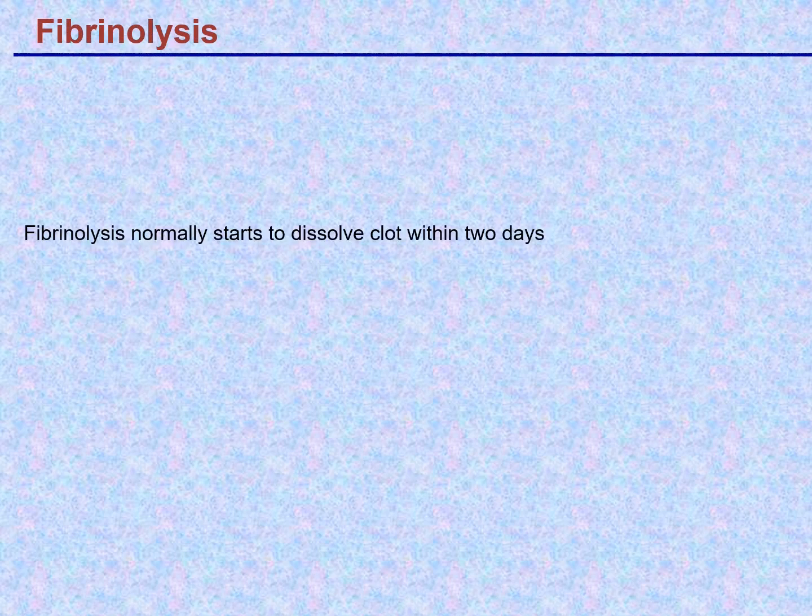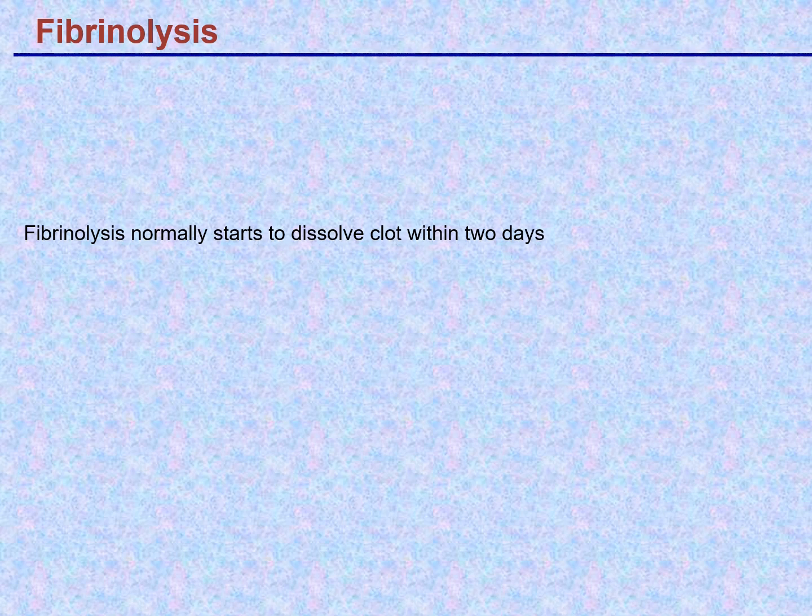Now, part of that process also involves the dissolving of the clot. The clot doesn't hang around. It will get dissolved. And we're not talking scab, we're talking blood clot inside the tissues, right? We're not talking about a dried scab on the surface of your epithelium, your skin. We're talking about inside.